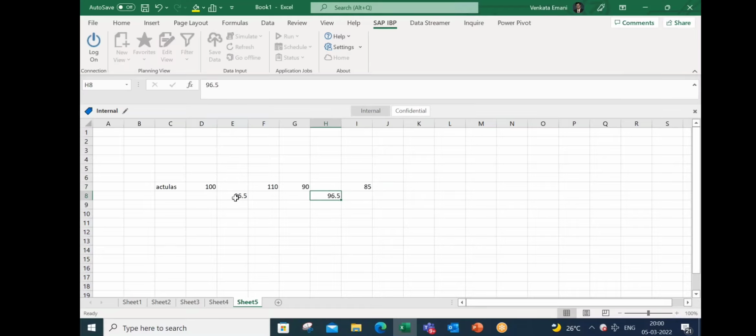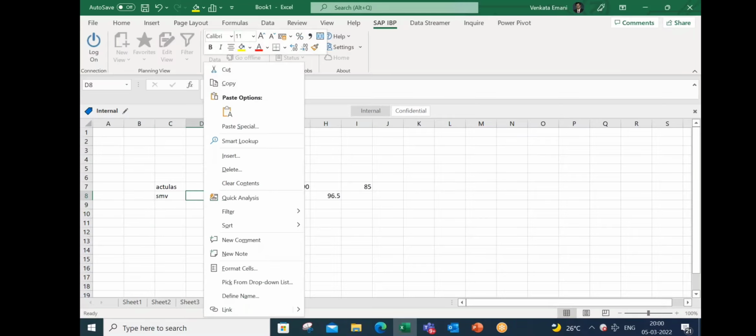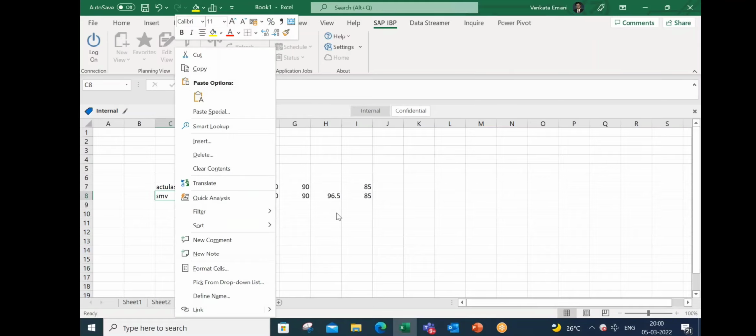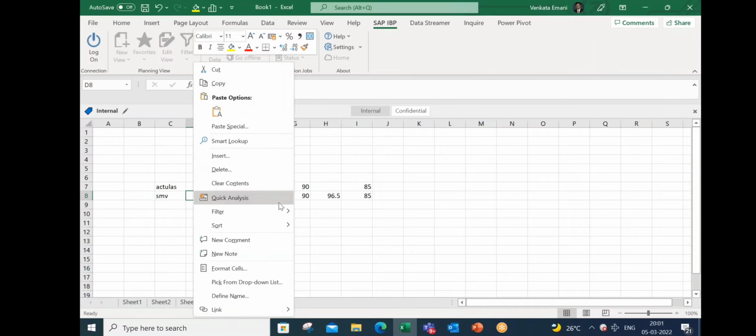If you want to see these numbers in a key figure, you have to create a new key figure, like a substitute missing value key figure, and tell the system to store these values there. Then that key figure will show 100, 96.25, 110, which you can see. But ideally you should never change your actual history key figure. This is how substitute missing value works.